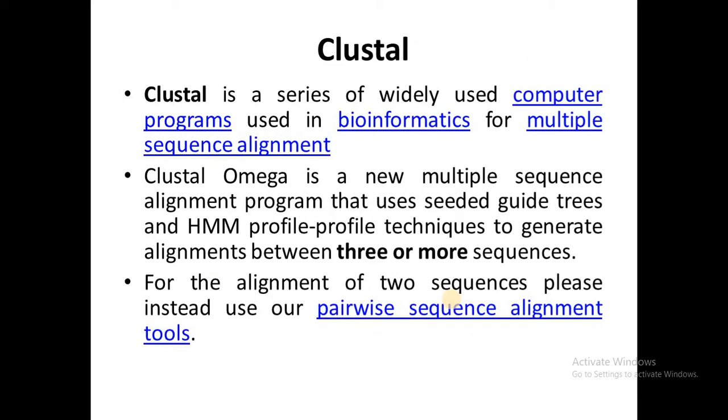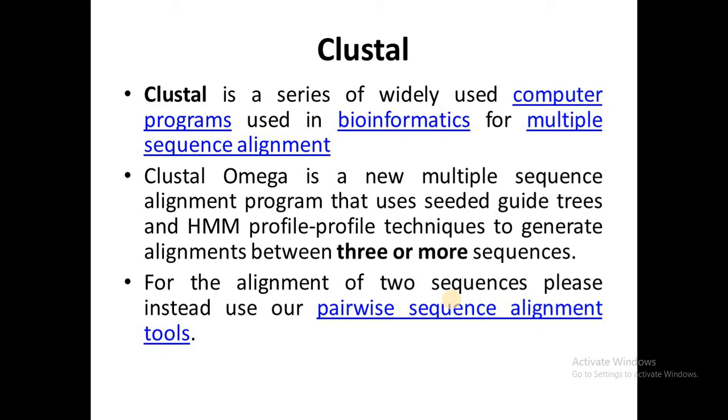Clustal is a series of widely used computer programs in bioinformatics for multiple sequence alignment. There are different types of Clustal, such as Clustal W and Clustal Omega. Clustal Omega is a new multiple sequence alignment program that uses seeded guide trees and custom profile techniques to generate alignments between three or more sequences.